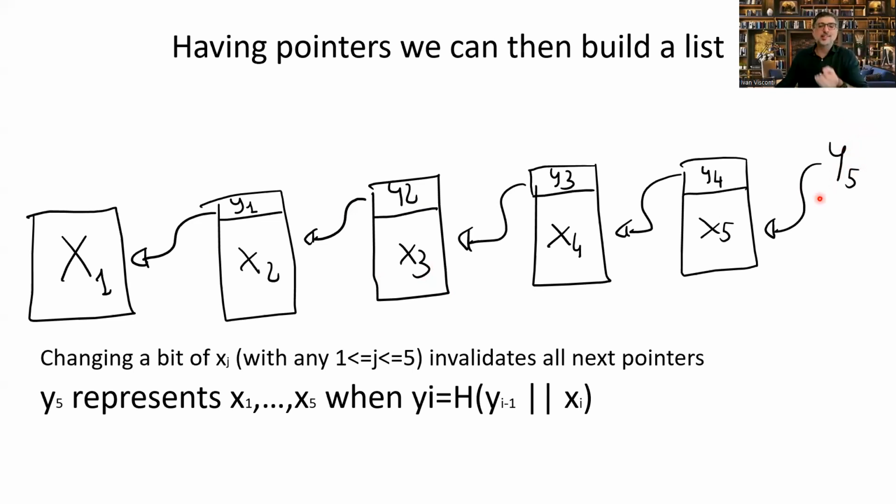So that's why Y5 is representing exactly all this information. Even though Y5 is a short piece of information, it fixes basically all the information from X1 to X5. There is no way to change a single bit in these blocks and still get Y5 as a good representation of those blocks. Okay? This comes from the collision resistance of the hash function.